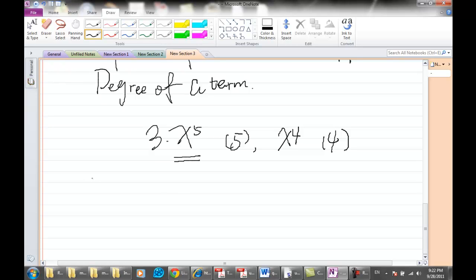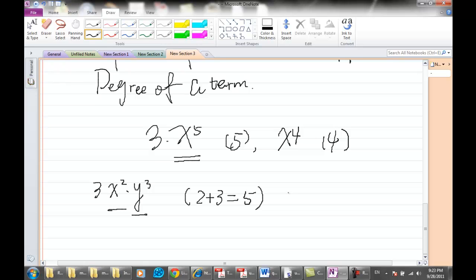Then we show you some examples. If the term is like 3 times x squared times y cubed, we need to calculate the sum of the powers of the variables x squared and y cubed. So the degree equals 2 plus 3, that is 5.